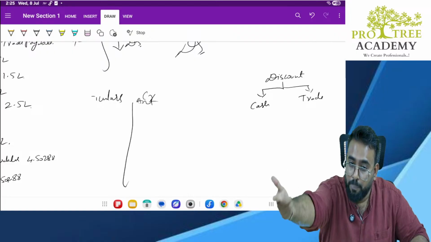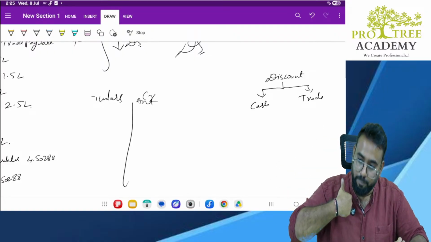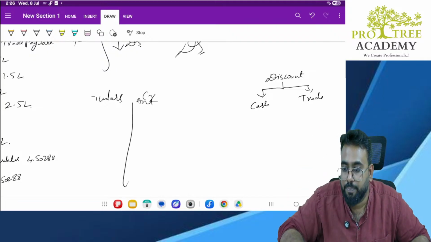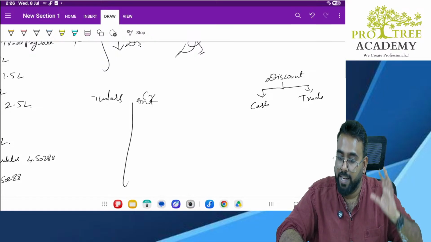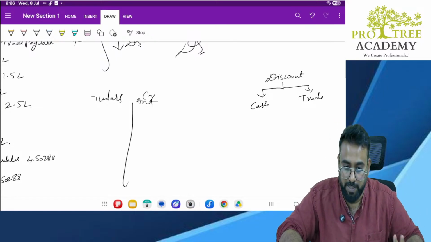Whenever a supplier gives discount to us, who is benefiting? Me. Economic benefit inflow. So it becomes our income. So whatever discount is given on purchases, it will become our income. Whatever discount is allowed on the sales, it becomes our expense.